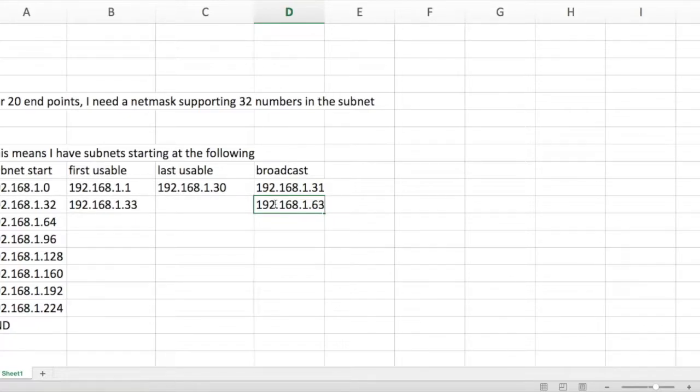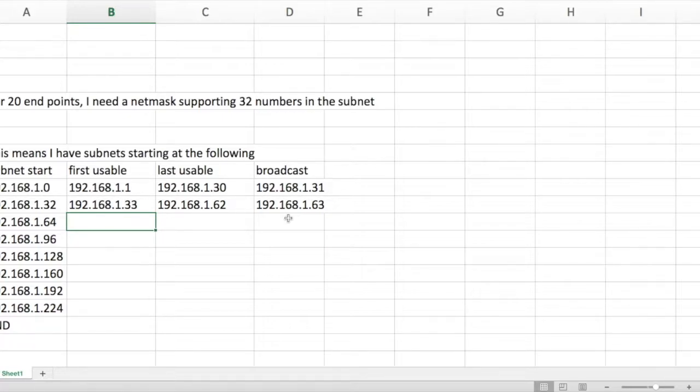That's the very last number in that subnet, and that's the broadcast. So that tells me my last usable address is 192.168.1.62. Okay, so it should be pretty easy to follow that same pattern and complete all of the numbers here in terms of first usable, last usable, and broadcast address.